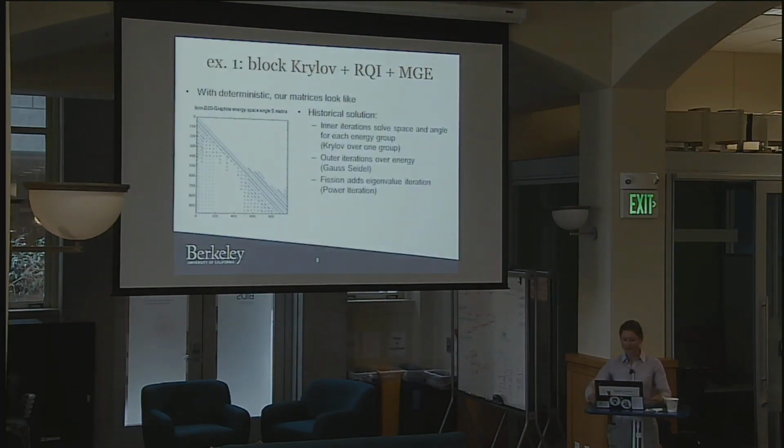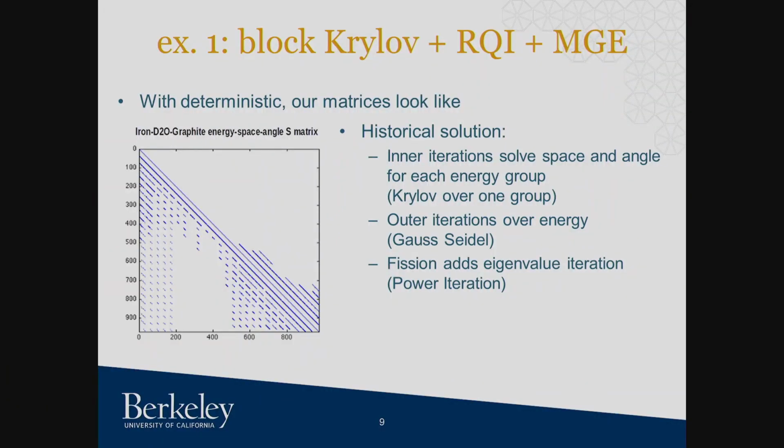The first method set I'm going to talk about is more generically oriented towards big machines and not specifically GPUs or MICs. This is a set of solvers that is a Block-Krylov solver and Rayleigh quotient iteration and a multigrid in energy preconditioner. I'll walk through each of those separately. But here is what some of our matrices look like and how we've solved it so far.